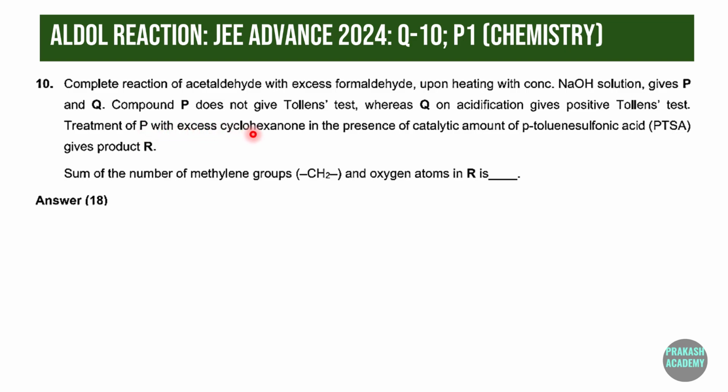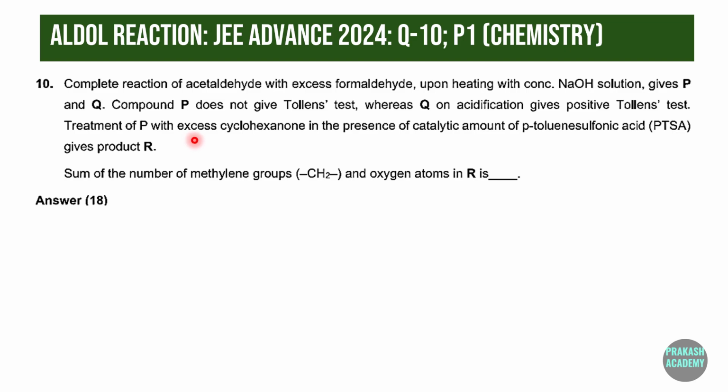Treatment of P with excess cyclohexanone in the presence of a catalytic amount of para-toluene sulphonic acid gives product R. So when P is treated with cyclohexanone, it gives R, and it also says excess cyclohexanone.